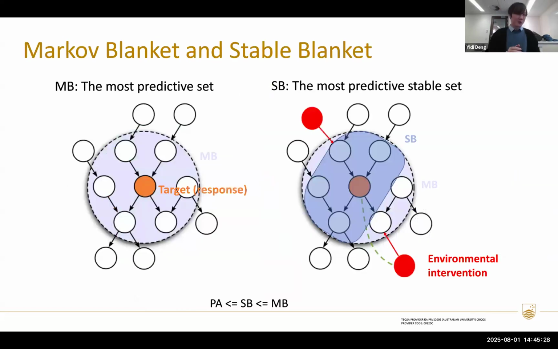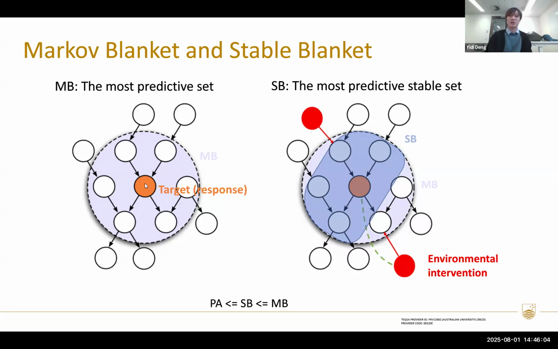Okay, now go into the statistics. So the actual quantity that we want to infer behind the scenes is the stable blanket, which is the concept that is derived from the Markov blanket in structural causal modeling or Bayesian networks. So for example, let's look at the left-hand side of the plot. This is a causal structure illustrating the data generation process of different variables, and just assume this response is colored as orange.